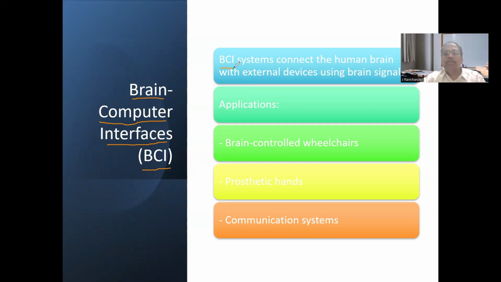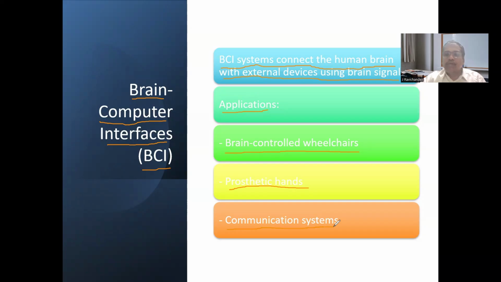BCI systems connect the human brain with external devices using a brain signal such as EEG. The applications of BCI will be brain-controlled wheelchairs, prosthetic hands, and communication systems.